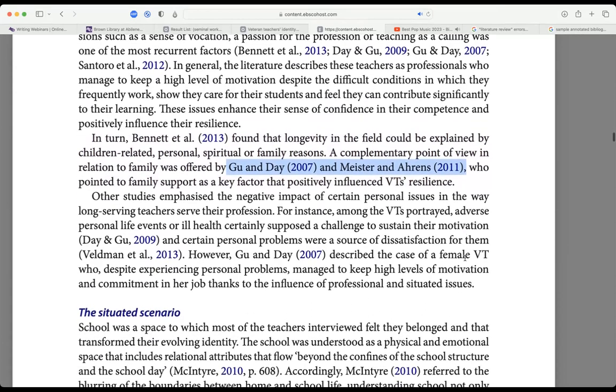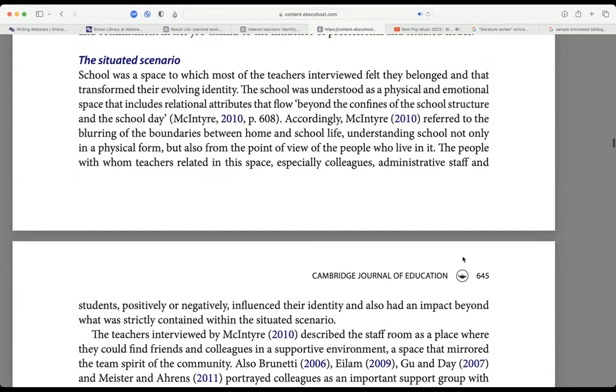All right, so let's take another look here. So this is their topic sentence. They're summarizing the theme. School was a space which most of the teachers interviewed felt they belonged and that transformed their evolving identity. And then they explain what that means by quoting from this source.